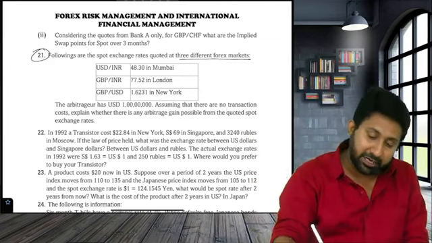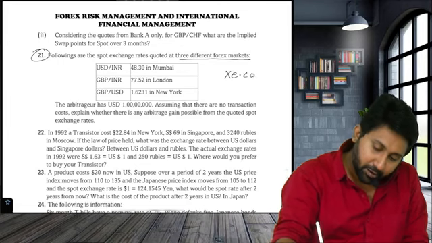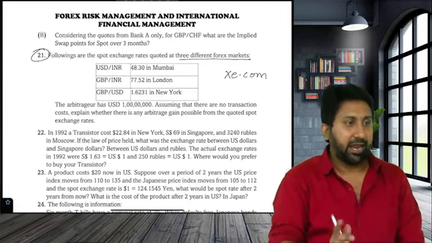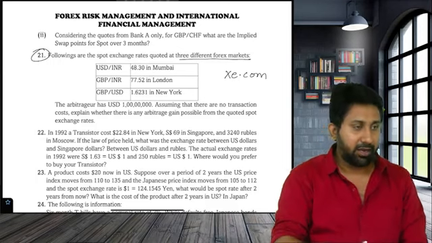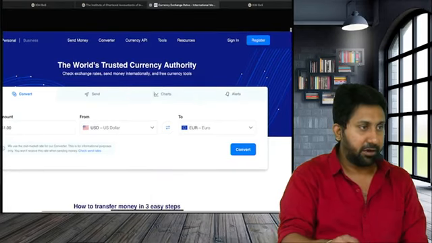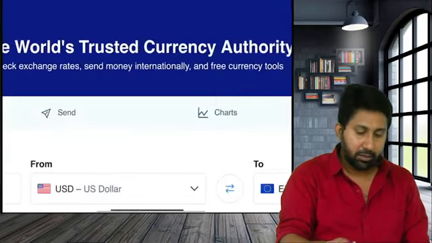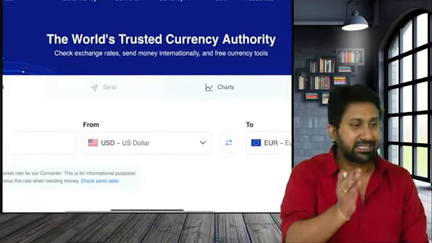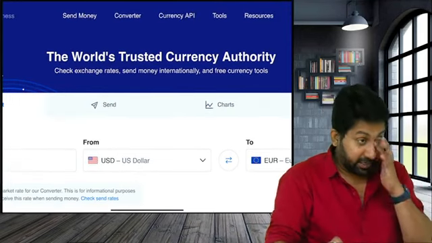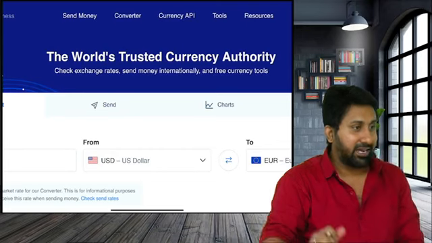That website is xe.com. See here, this is the one, xe.com. World's trusted currency authority, check exchange rates.